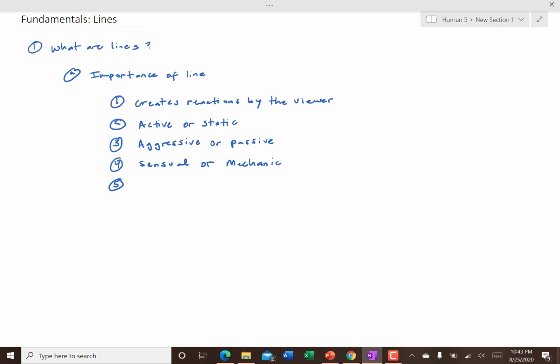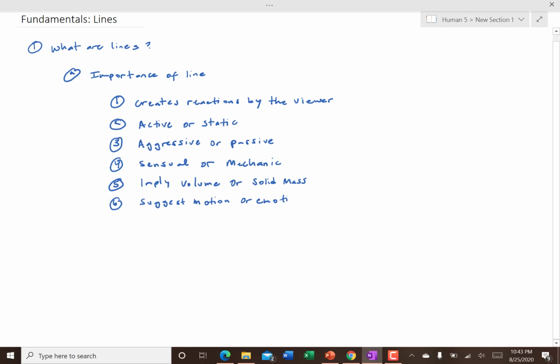It can also imply volume, so that what you're drawing looks like it has volume to it, or it can imply solid mass. So it can look like it's a solid object. It also can suggest motion, as well as emotion, right?